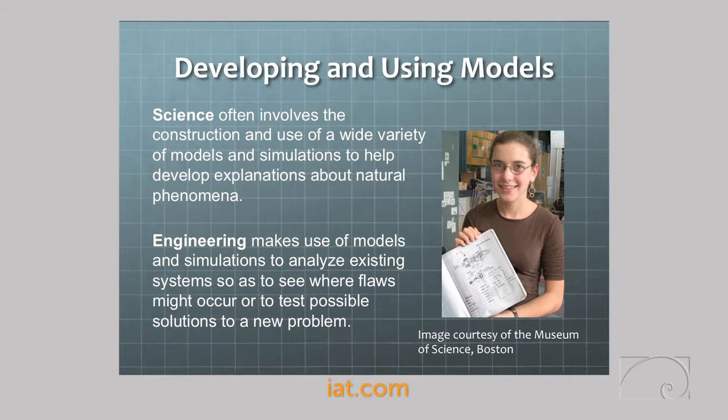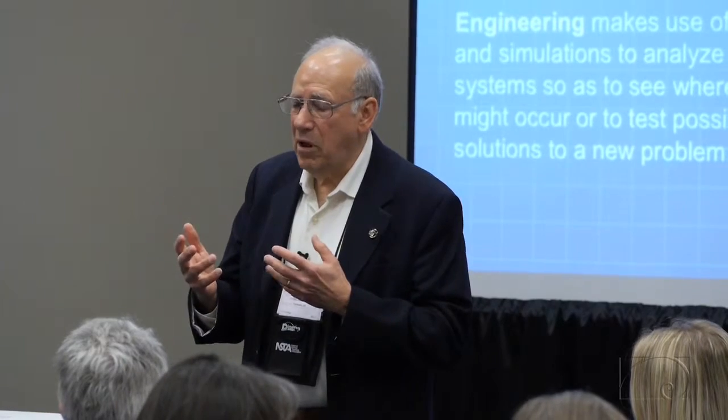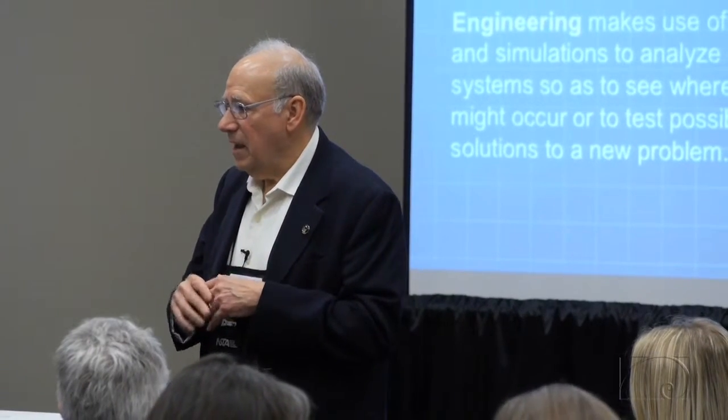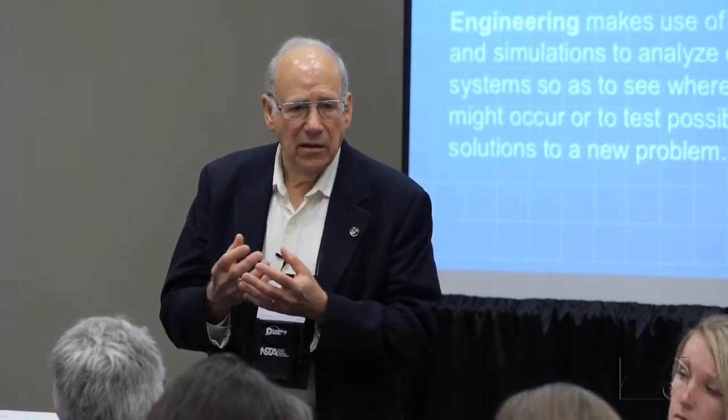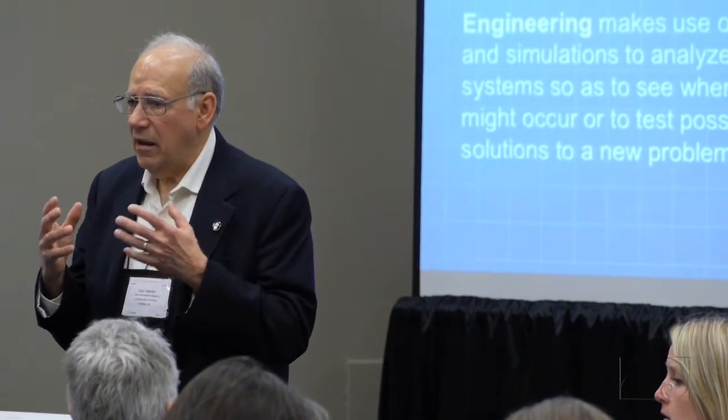The second one is developing and using models. Scientists will develop a model of, say, a honeybee and a flower and try to figure out how this honeybee pollinates this particular flower. You've got a mental model of it. You may make a working model.